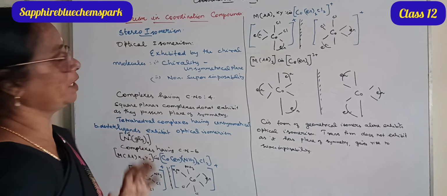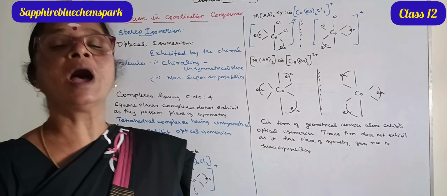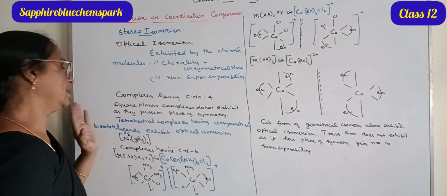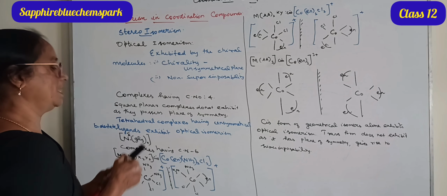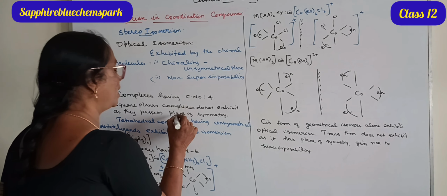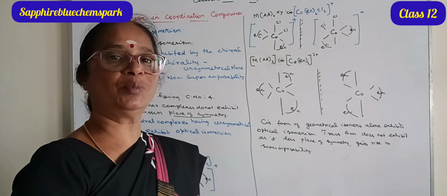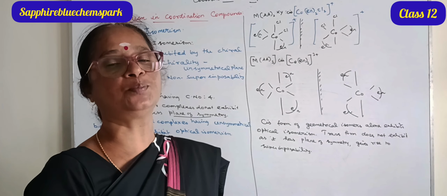So, under optical isomerism, the complexes having coordination number 4 with square planar geometry do not exhibit optical isomerism because square planar complexes have a plane of symmetry. To exhibit optical isomerism, we have to consider two important points.